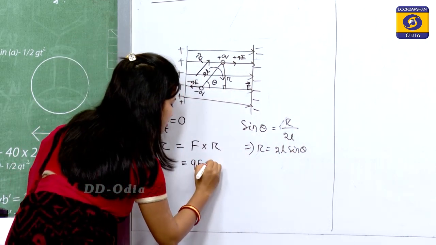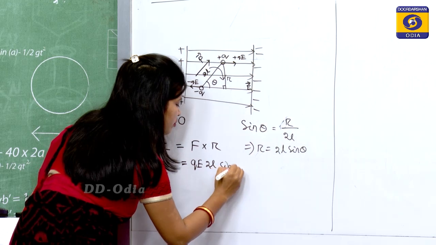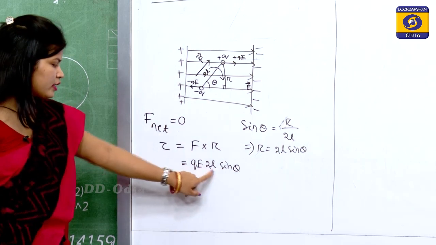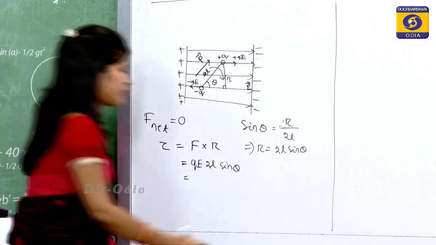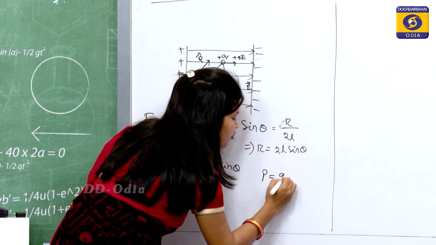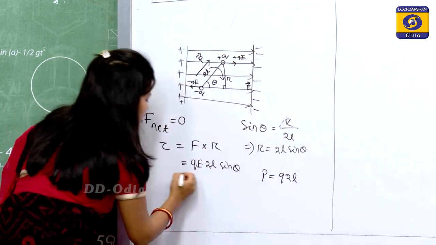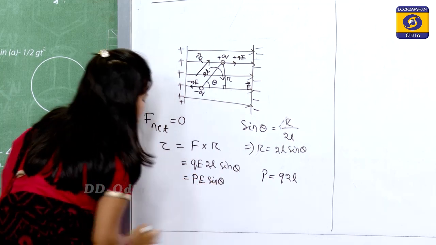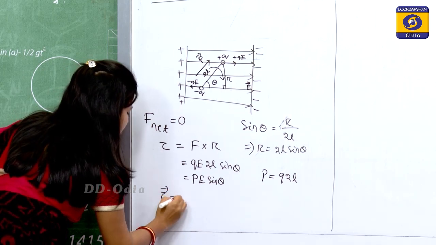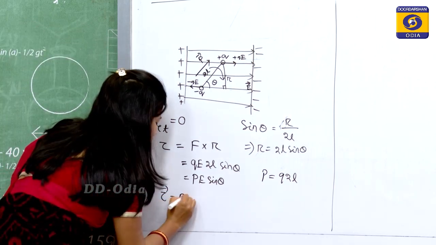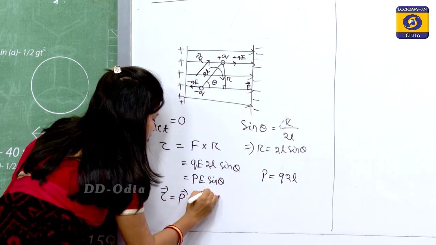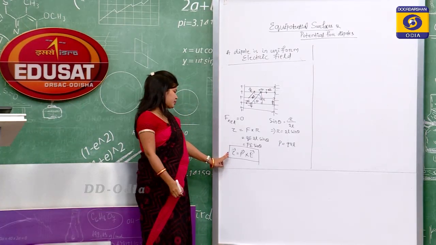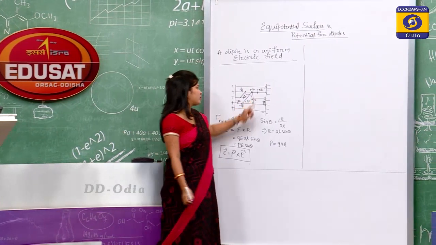So I can write here 2l sin theta. And we know q into 2l, charge into separation, this is the dipole moment. Dipole moment is q into 2l. So I can put here pE sin theta. In vector form, I can write tau vector is equal to p cross E. This is the expression of torque for the dipole.